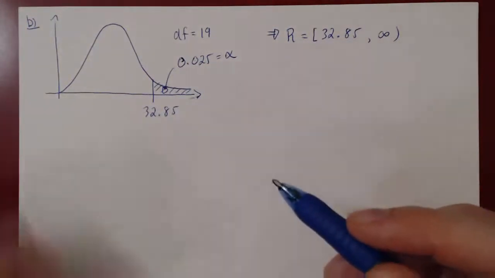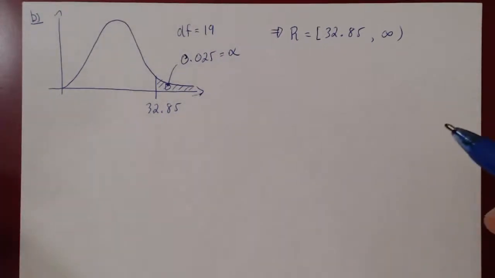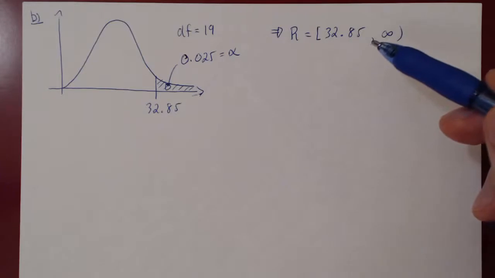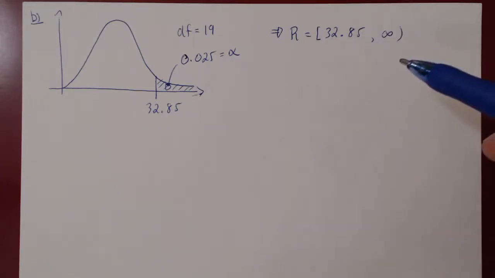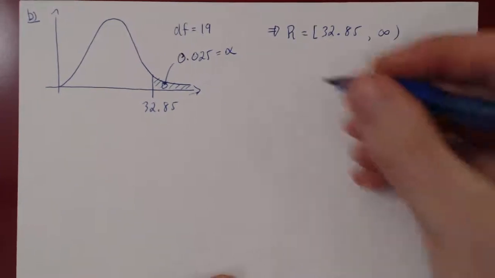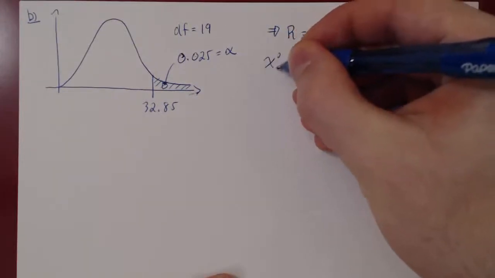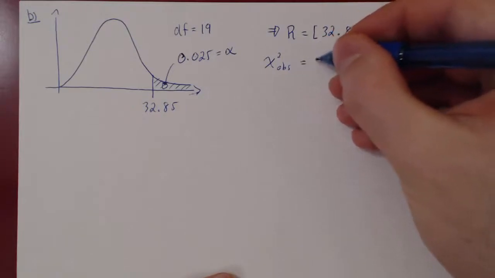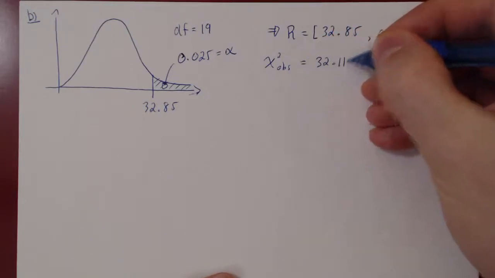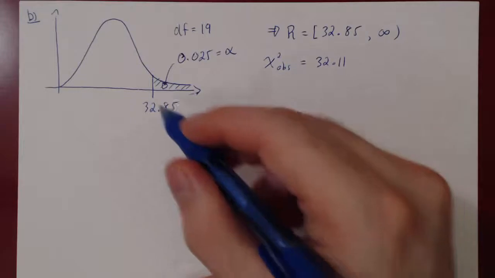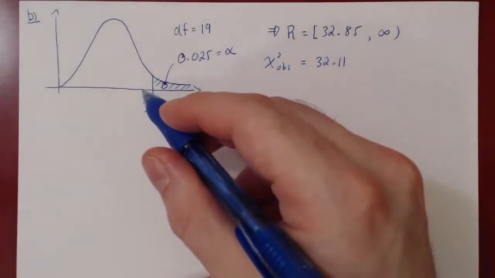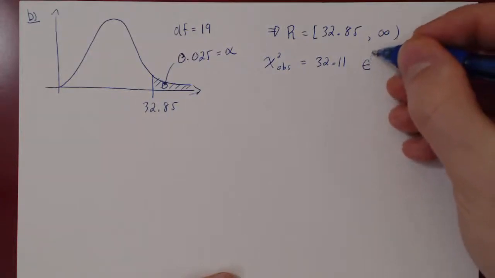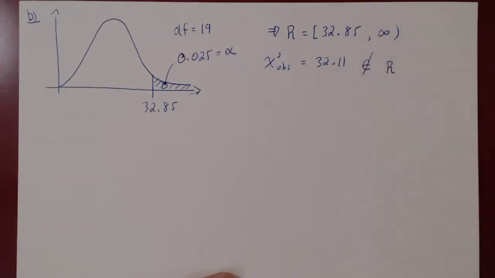And now we ask, is our observed chi-squared value in the rejection region, in which case we reject H0, or if it's outside, we will accept H0. Well, if you remember, our observed chi-squared value was 32.11. And if you notice, 32.11 is less than 32.85, so this is a chi-squared score that is not in the rejection region.